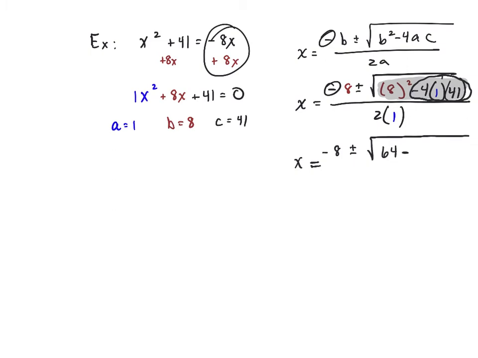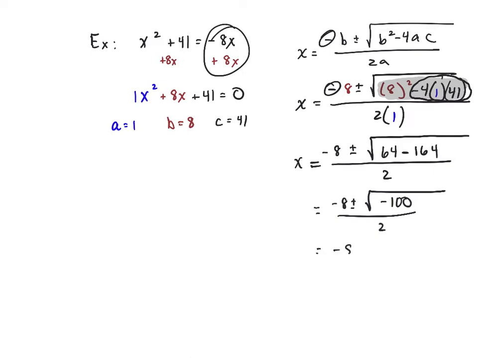That's 4 and 16, so 164, I think. Let's double check that over here. Yeah, 164. So we're good. All divided by 2. And we just keep simplifying underneath the radical. 64 minus 164 is negative 100, over 2.